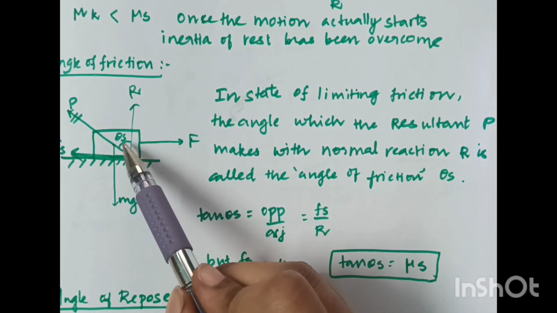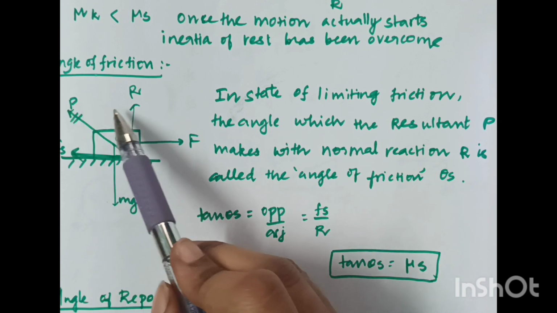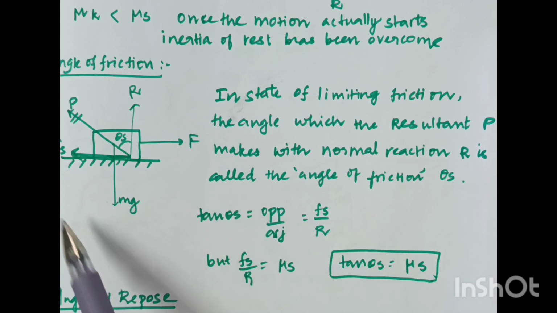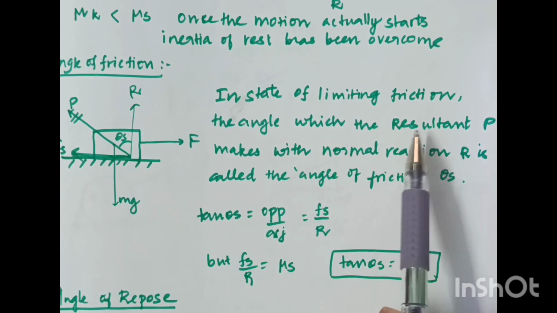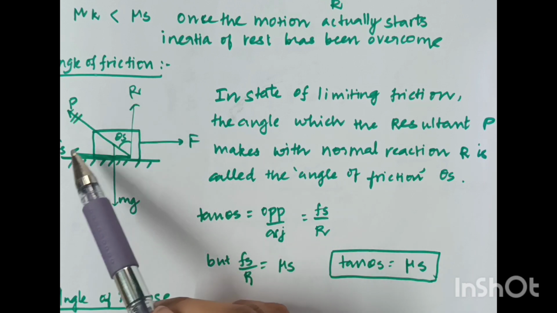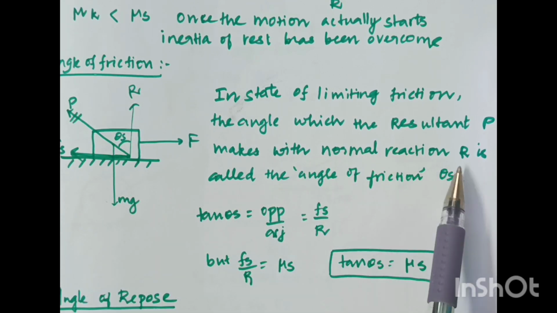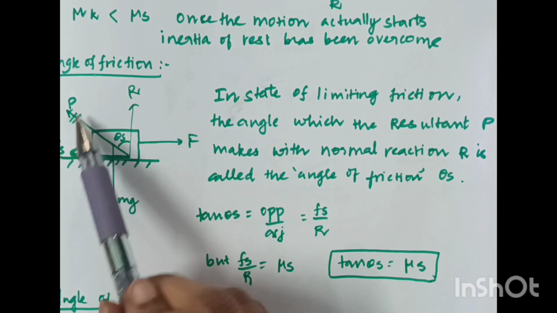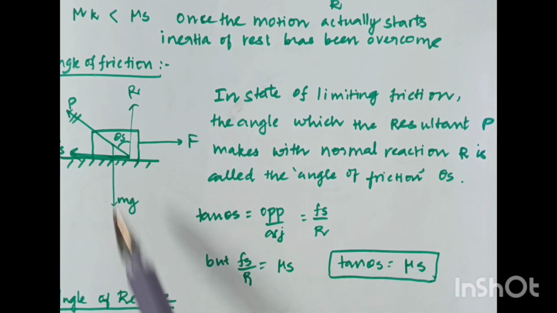This theta s is the angle between the resultant force and the normal reaction. This is the case of limiting friction, and the resultant P is the resultant of R and Fs. The angle made by the reaction force R and resultant P is called the angle of friction.